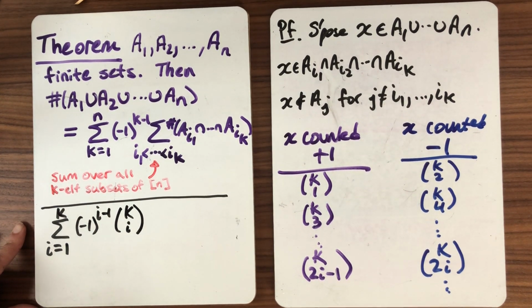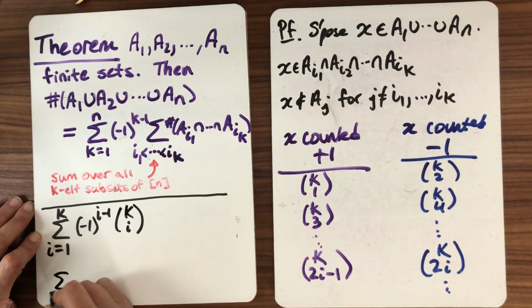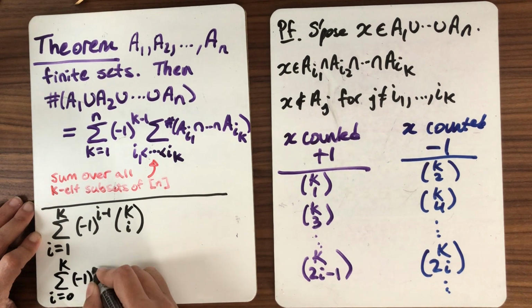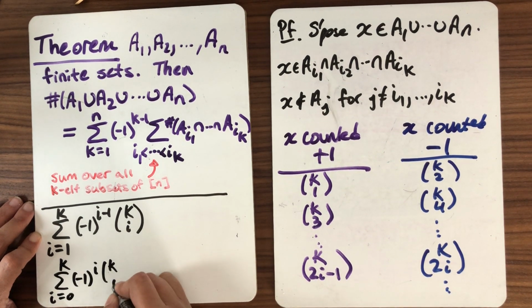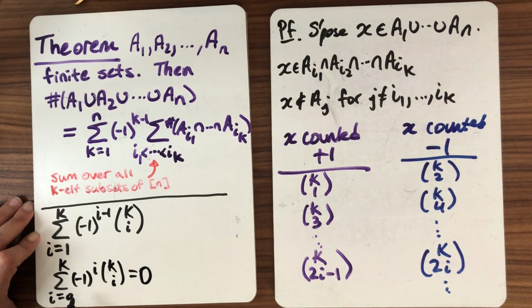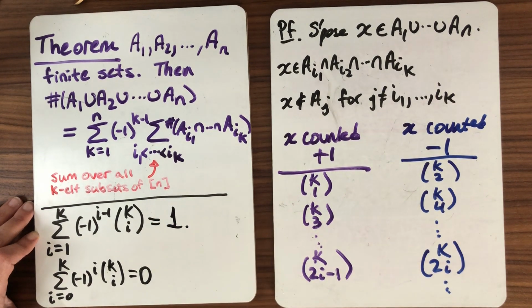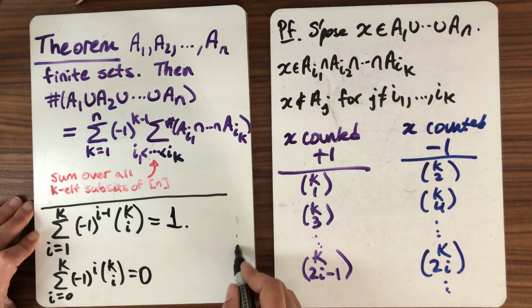So how many times is that? By the binomial theorem, remember that if we take the sum from i equals 0 to k, a different indexing set, of (-1)^i times k choose i, we know what this is. It's 0. That's plugging in 1 for y and -1 for x. We've done that before. So what's this? Well, it's just one more. So we've counted x exactly once.